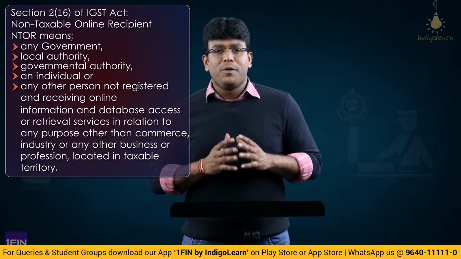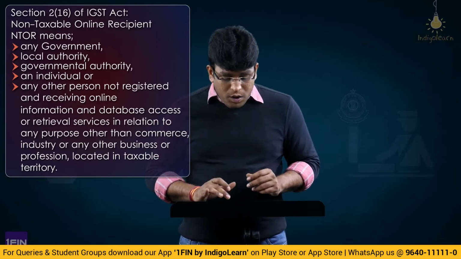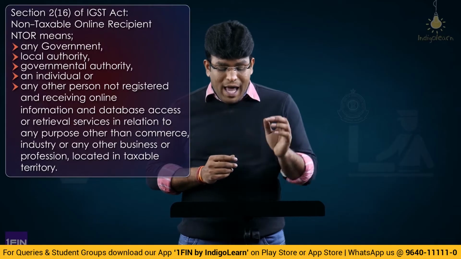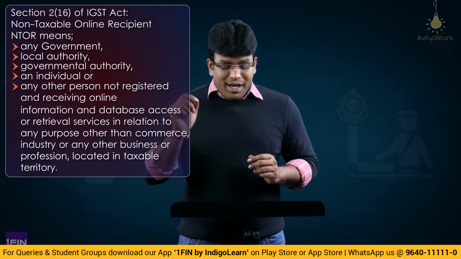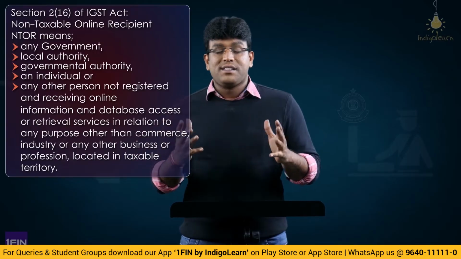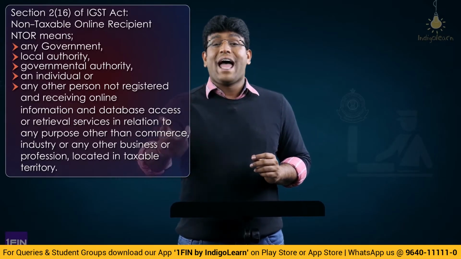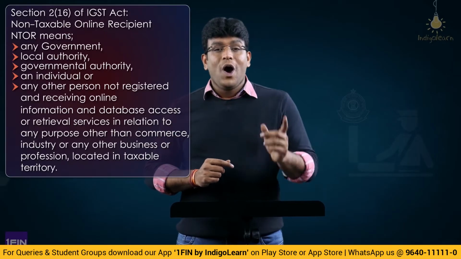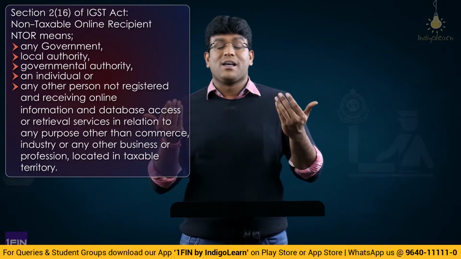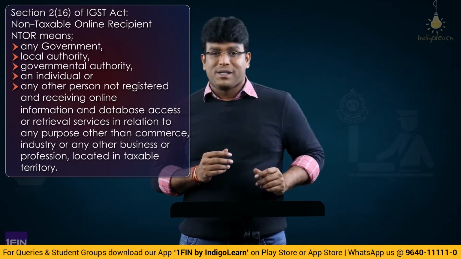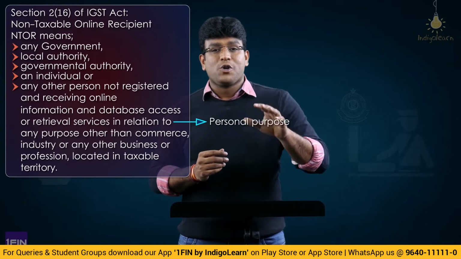You have to observe one beautiful point there, that we are talking about NTOR means any government, local authority, governmental authority, an individual or any other person who is not registered and receiving OIDAR services. What services is receiving? OIDAR services in relation to any purpose other than commerce, industry or any other business or profession. So directly, indirectly they are telling somebody who is taking some OIDAR services for personal purpose, because they use the word other than commerce, industry or any other business or profession.